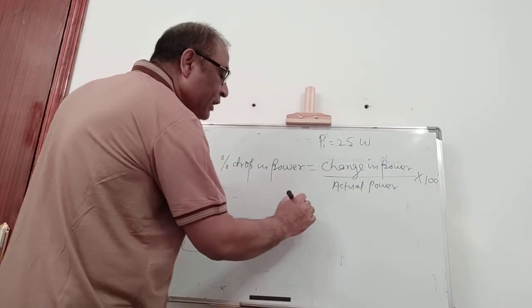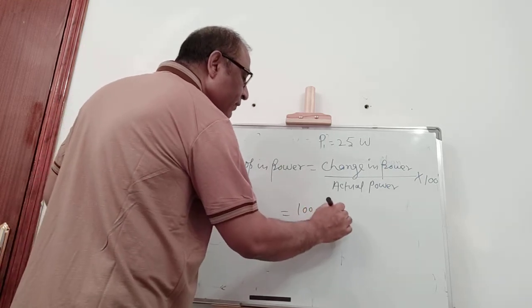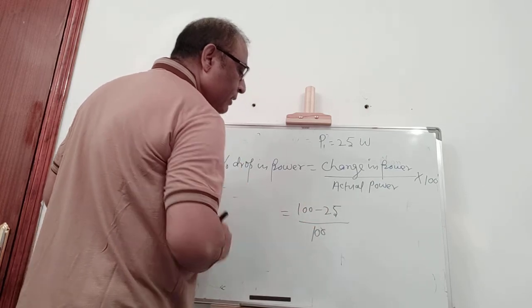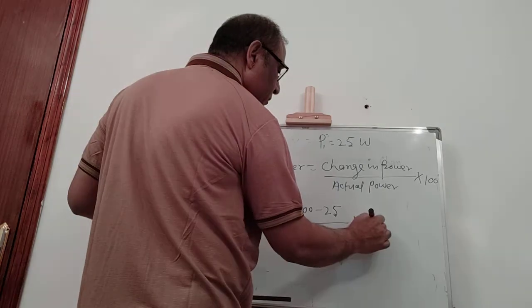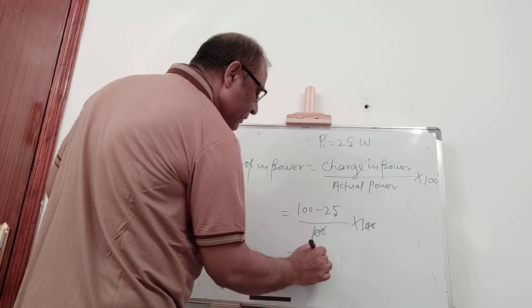This is a simple mathematics formula. Change in power means initial power 100 minus new power 25, and actual power is also 100, into 100. Cancel out, and that is 75%.